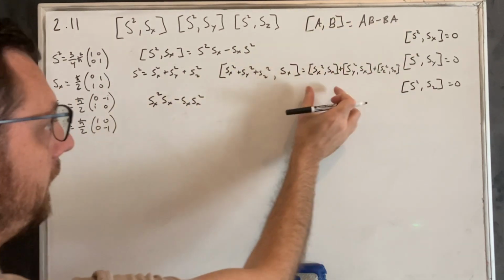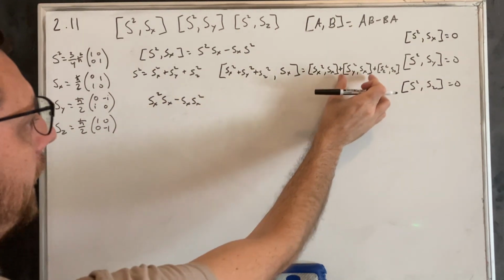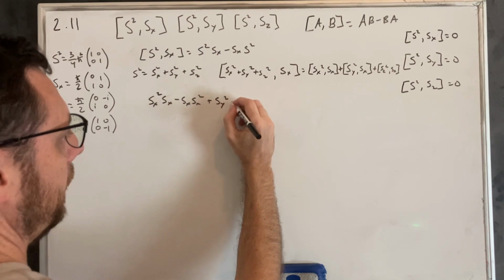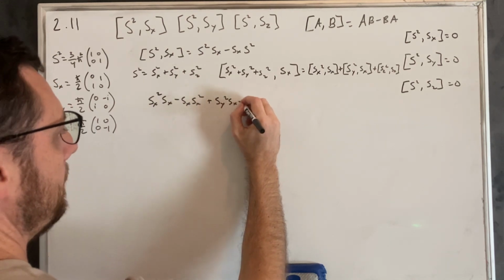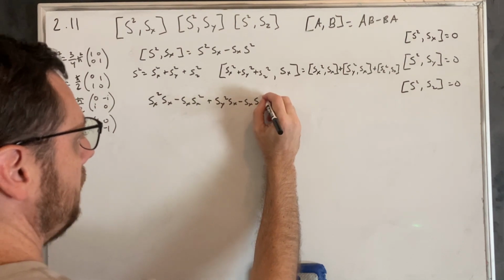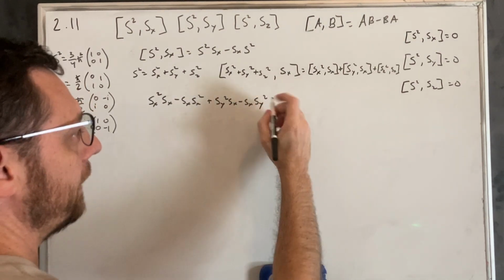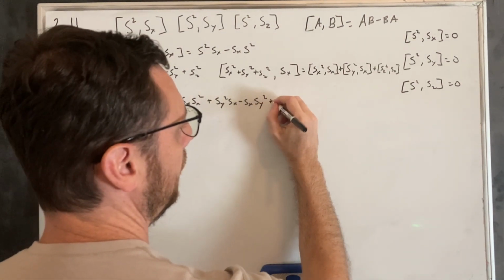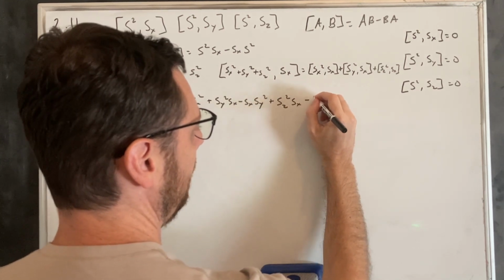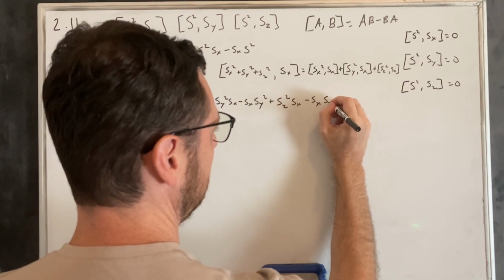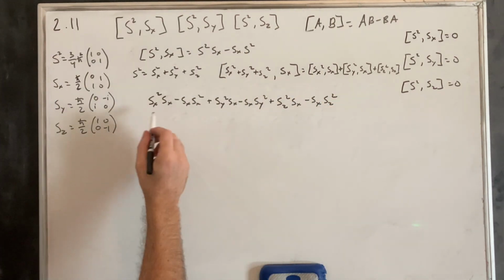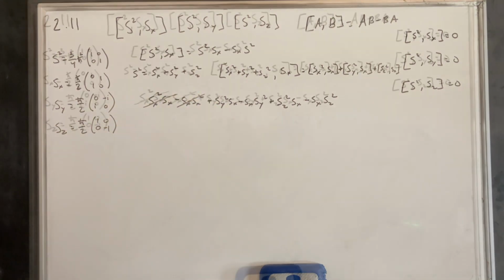That's just expanding this out, right? And then we have this one here, so plus Sy squared Sx minus Sx Sy squared. And then this last one, we'll have Sz squared Sx minus Sx Sz squared. All right, so we can see these terms cancel out.